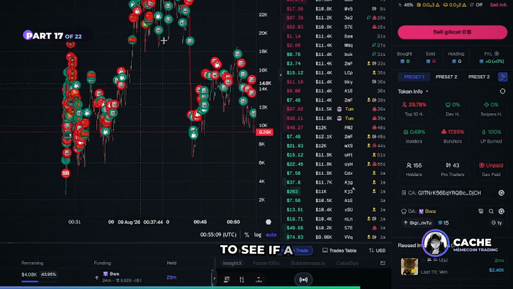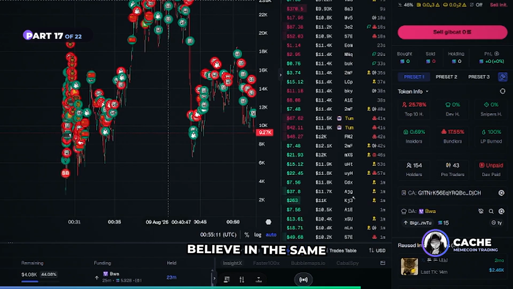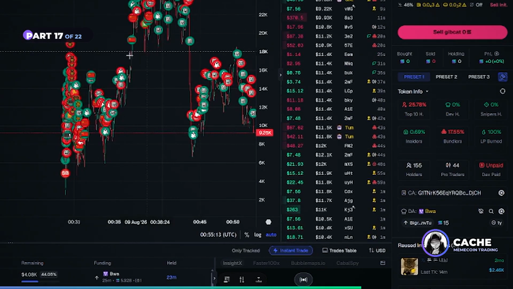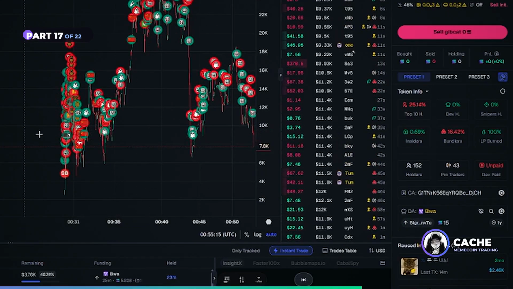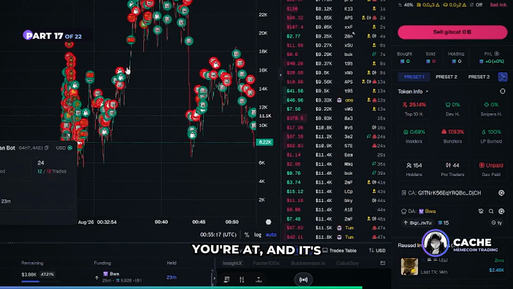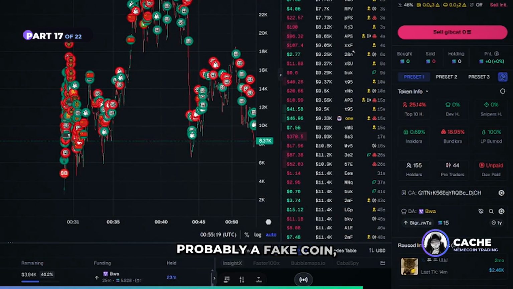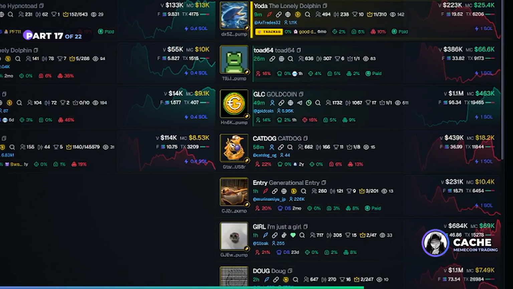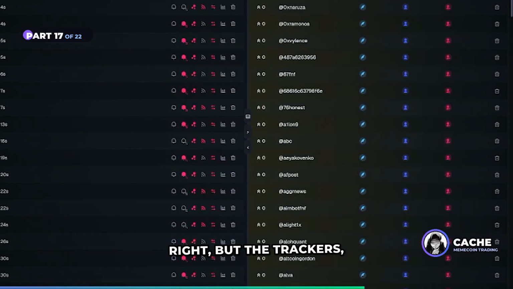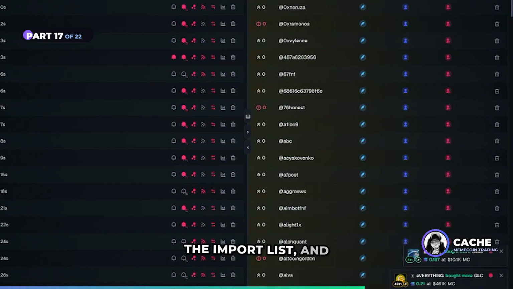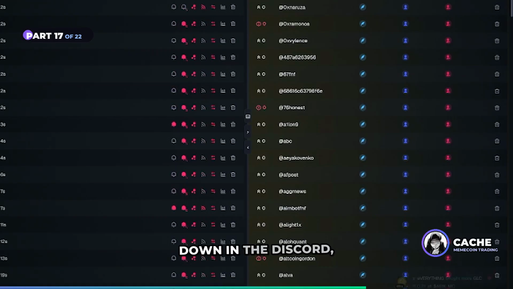This is good to see if a lot of people also believe in the same coin you do. If you don't see anybody, let's say you have 1,000 people you track, if you don't see any of them in the coin that you're at, and it's at like 20k, that's probably a fake coin, right? But the trackers, the import list, and the X feed will be in the Discord that's in the description down below, as well as the Axiom link, of course.